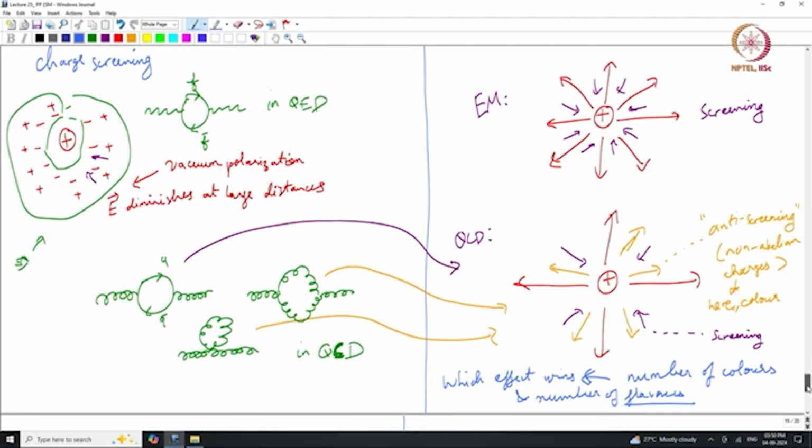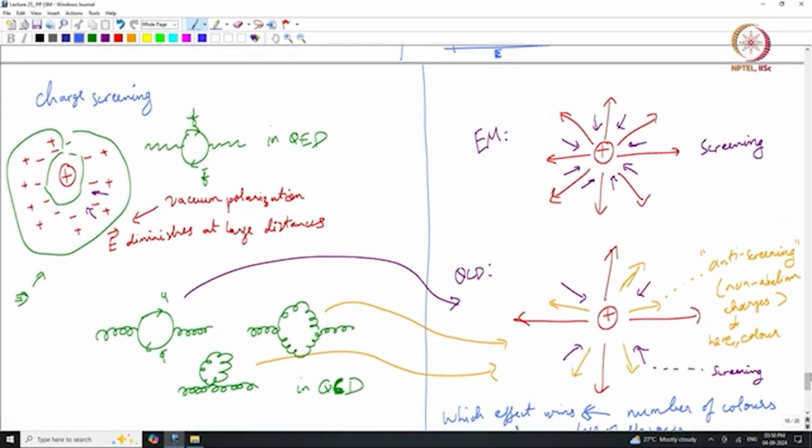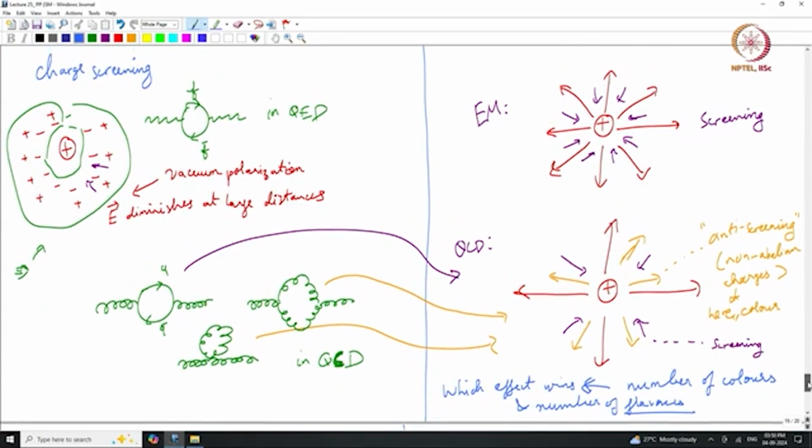namely that when you have electromagnetism you only have screening coming from the vacuum polarization due to diagrams like these where you split off a fermion and antifermion. But when you have non-abelian theories, because of these extra vertices, you also have vacuum polarization where you split off the field itself, the gluon in this case.